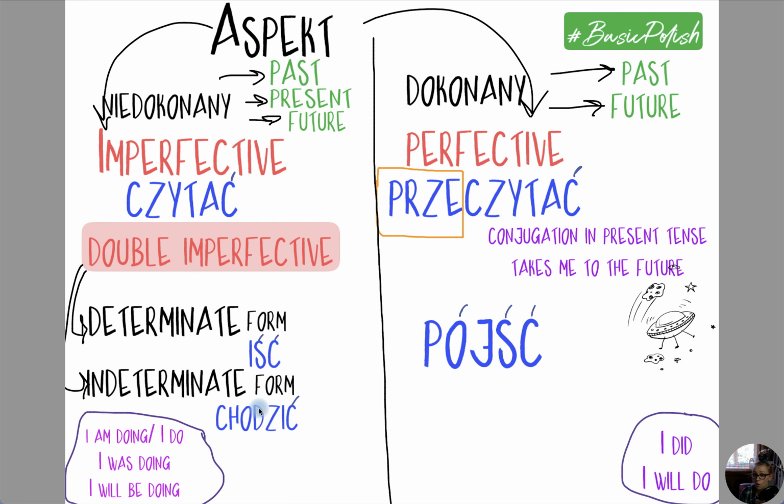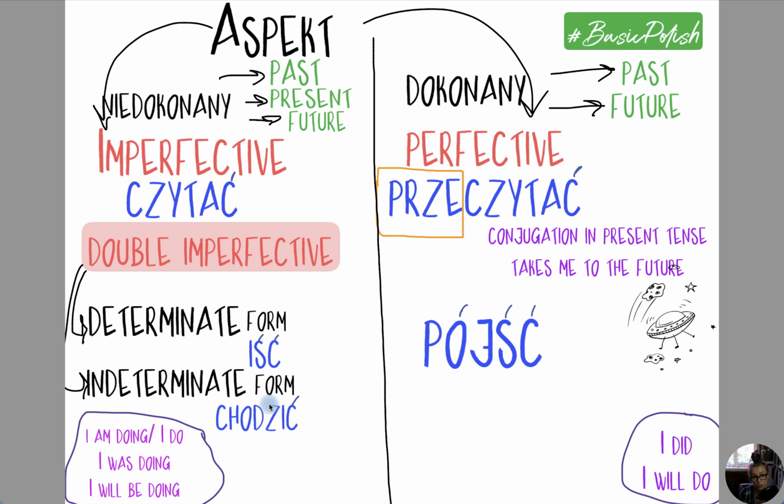Indeterminate forms won't have perfective partners. We will have to just do what we do with czytać. We will have a specific way of creating the past and the future. I will be going frequently somewhere, right? And I was going frequently somewhere in the past.